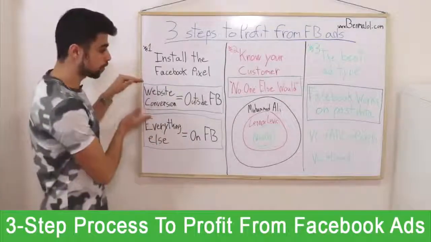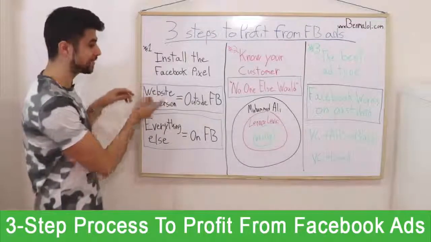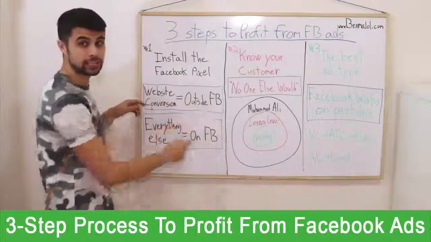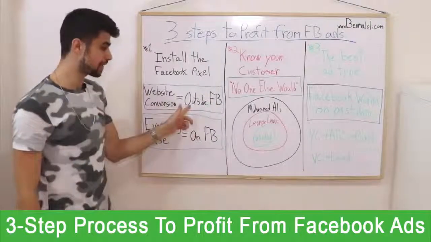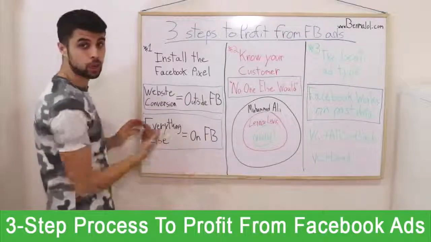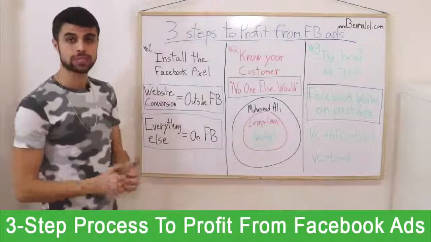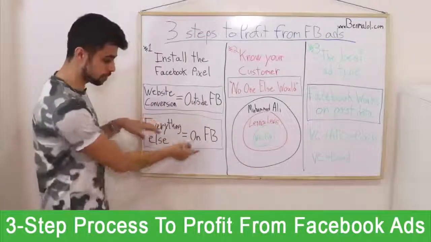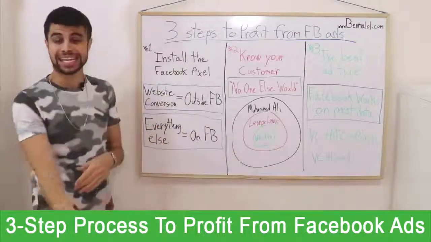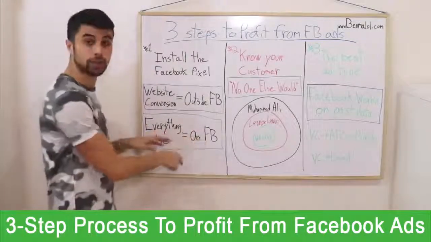Now, website conversions is the only campaign objective that happens outside of Facebook. Okay, remember that. Everything else happens on Facebook: the engagement, the traffic, the video views. When somebody engages with your post, it happens on Facebook. When somebody clicks the link, it happens on Facebook.